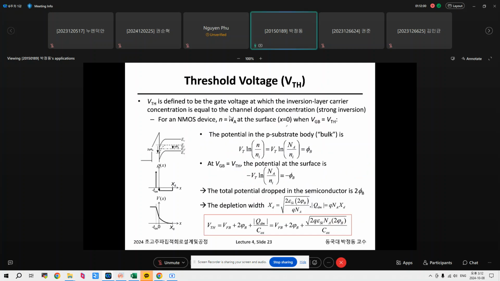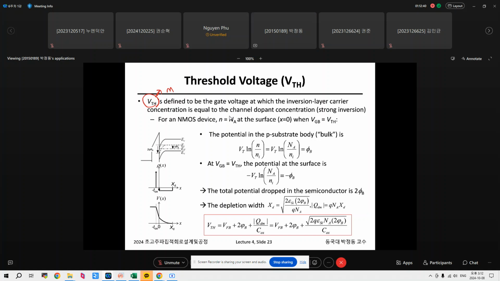Okay, so in understanding MOSFET operation, understanding of threshold voltage is very, very important. So this is so clear that the threshold voltage is the voltage which induces a channel underneath the oxide, at the surface of the substrate.